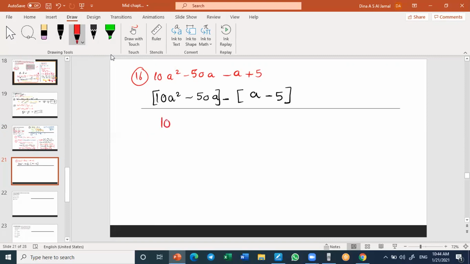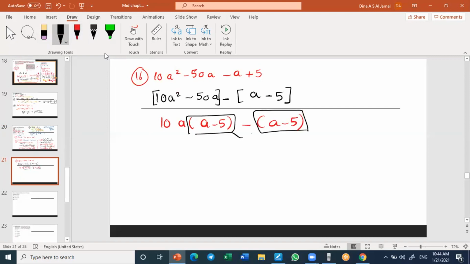So you will be getting 10a outside, then a minus 5 minus a minus 5. With this, you can just take the a minus 5 as GCF, and this is your a minus 5. Then what's remaining is your 1 here, so 10a minus 1. So this is the solution by your first way.